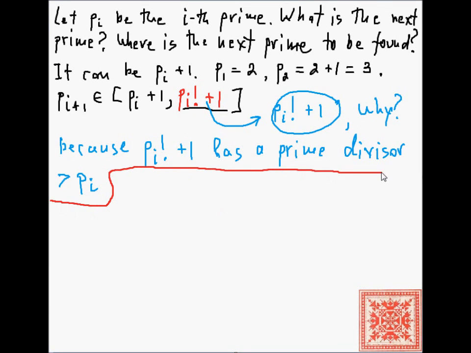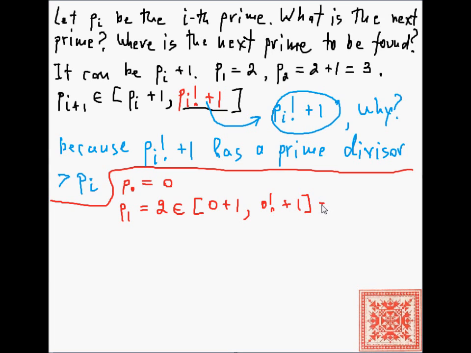Okay. So to make this more concrete, let's go through a couple of examples. So this is our base case, and the first prime is 2, which can be found in this range, 0 plus 1, a lower bound, and 0 factorial plus 1.